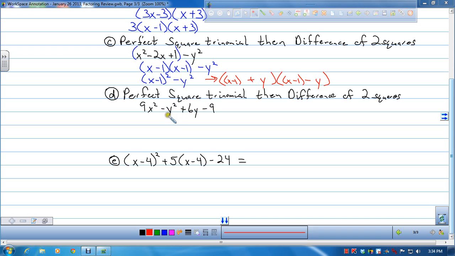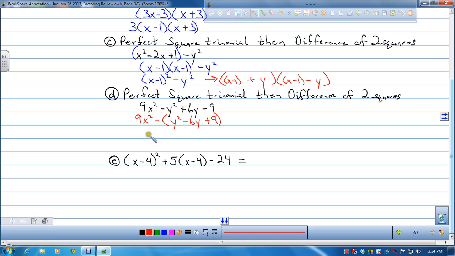So let's do this. 9x squared. Now I'm going to factor out this negative here, which means it's going to change the sign of all of them. That's now going to be a positive y squared. I'm going to subtract 6y. I'm going to add 9. That's key, obviously. It's important that you change all those signs.